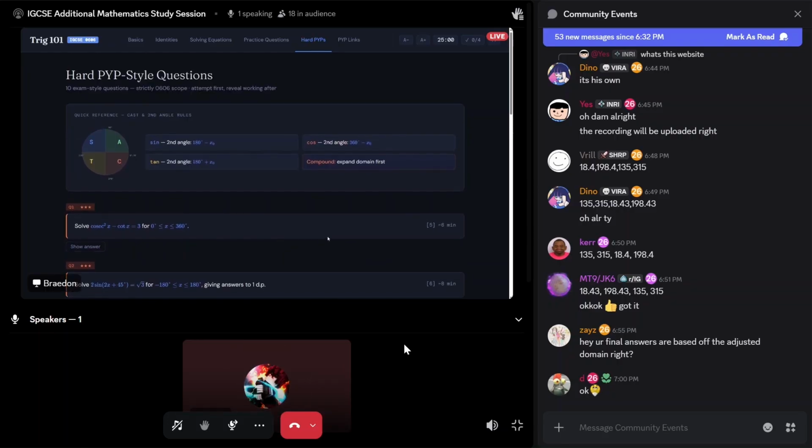So first question, cosec square x minus cot x equals 3. This one's also pretty easy, but it does come out in the exam. So just gotta solve it basically.